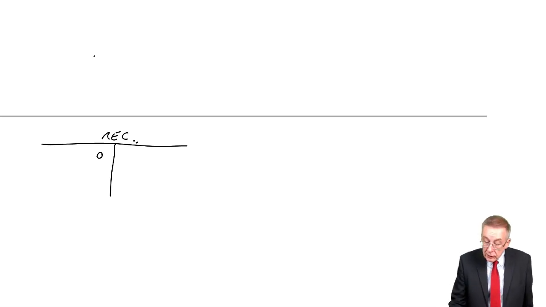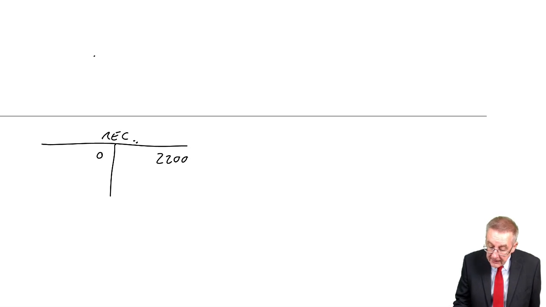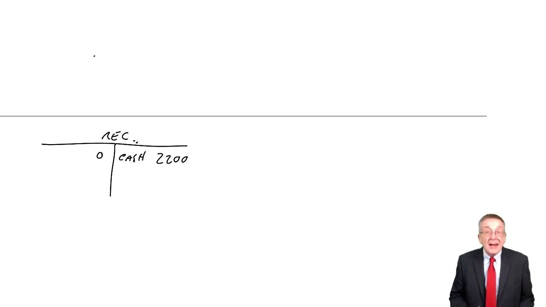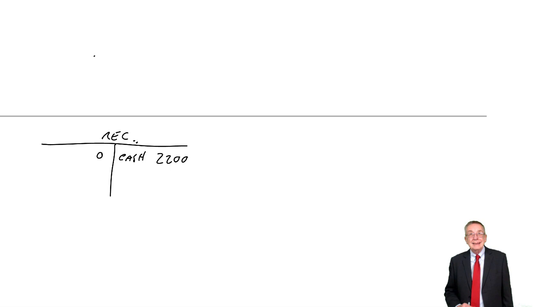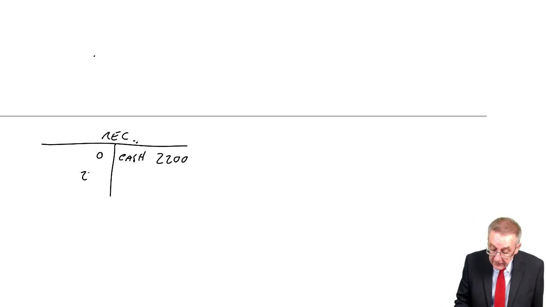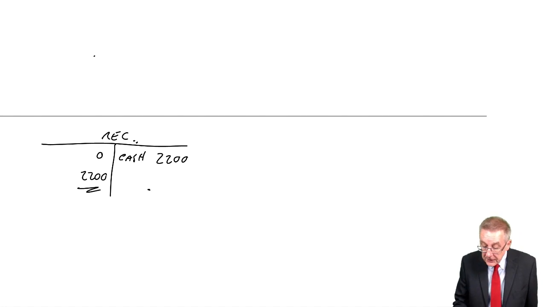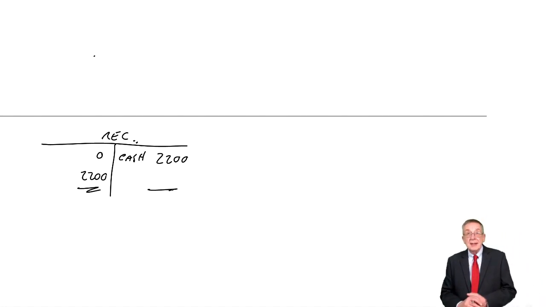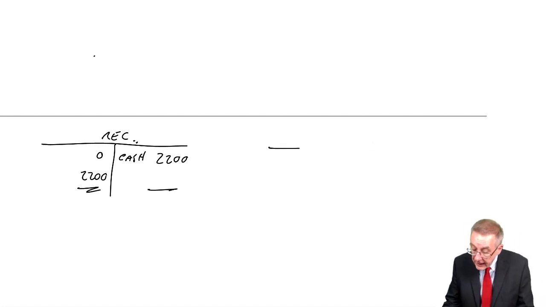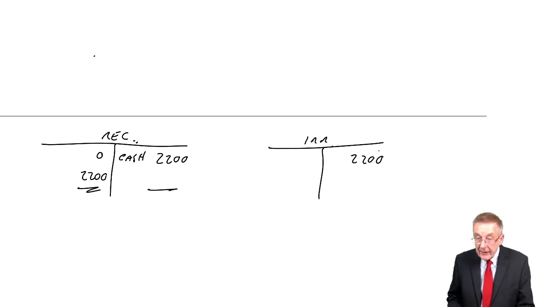The bookkeeper debited cash, credited receivables, but shouldn't have done. To correct it, the accountant takes it from there, debit receivables, and we're back to zero, and credit irrecoverable debts expense, a negative expense.